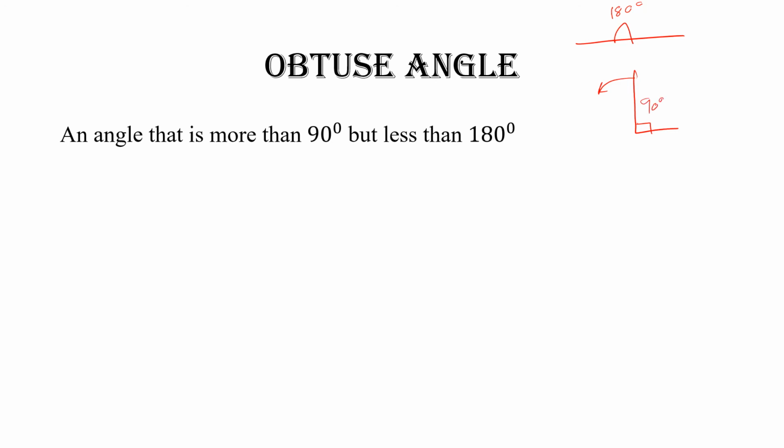So an obtuse angle is an angle that is more than 90 degrees but less than 180 degrees. So it wouldn't step down all the way to 180. It would stay above. So the highest obtuse angle technically is 179 degrees and the lowest is 91 degrees.